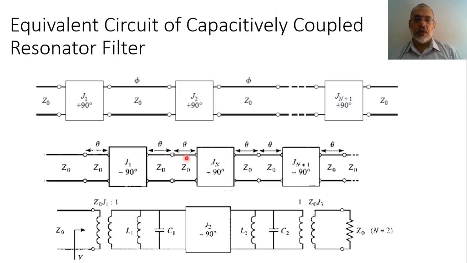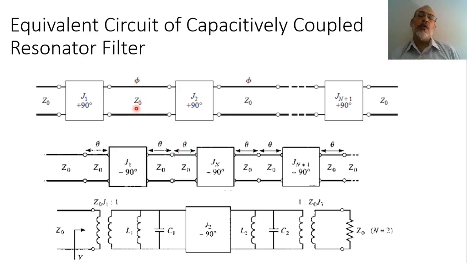So the phase here was pi between the two admittance inverters. This effectively is the same as here for the capacitively coupled resonator filter. We have inverters, and these inverters are connected by transmission line sections. This transmission line section has phase phi equal pi and characteristic impedance Z0.